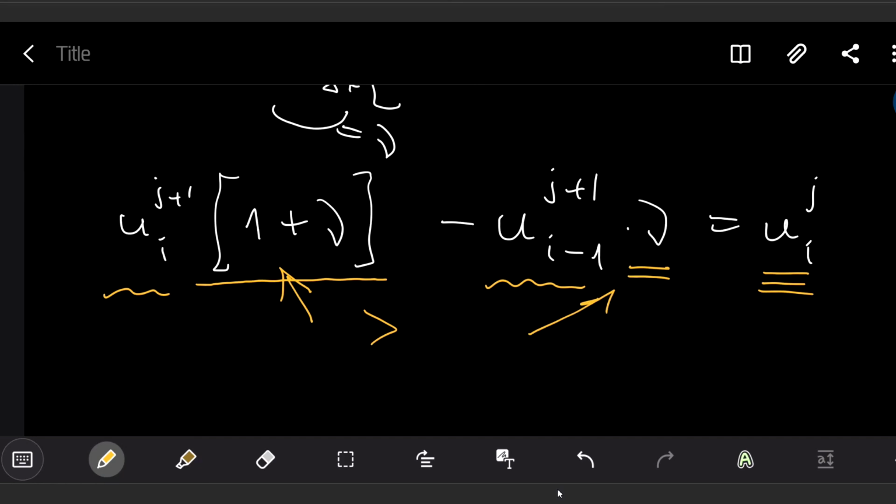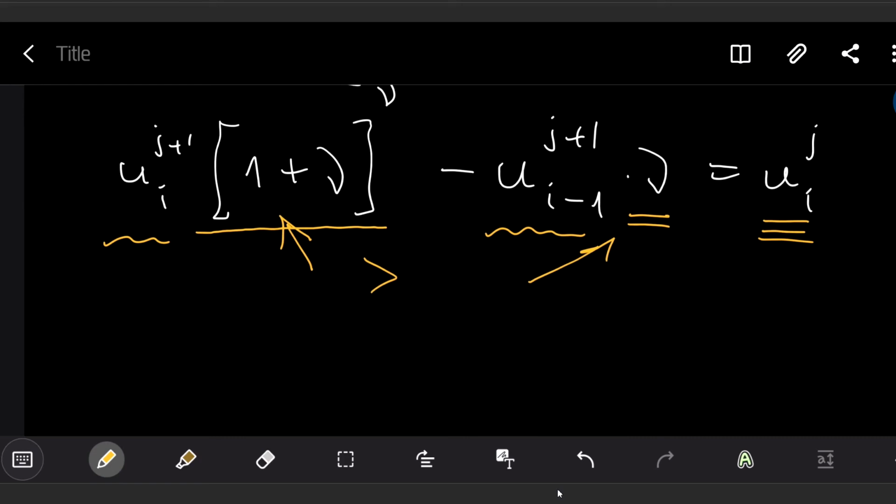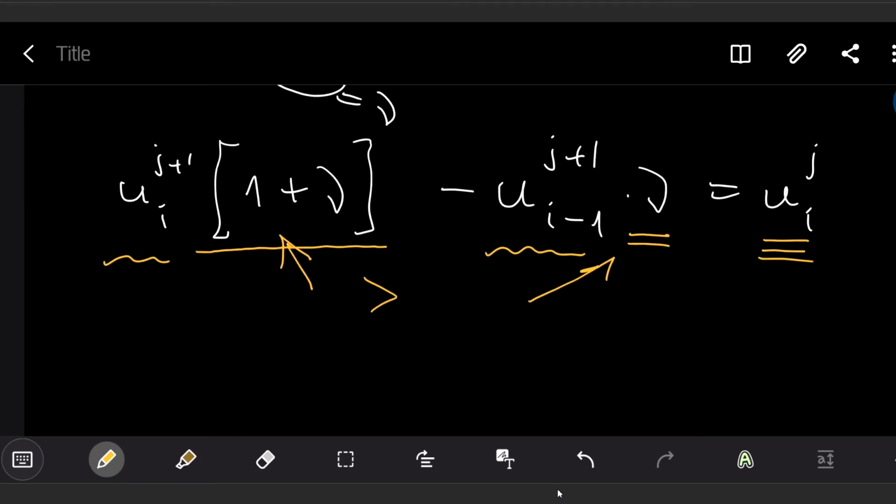So we have a well-defined main diagonal of our matrix equation. We actually have a two-diagonal matrix. One main diagonal will be formed by this coefficient here, and an additional diagonal will be formed by this coefficient here. So it's two diagonals actually, and all other coefficients of this matrix will be equal to 0.